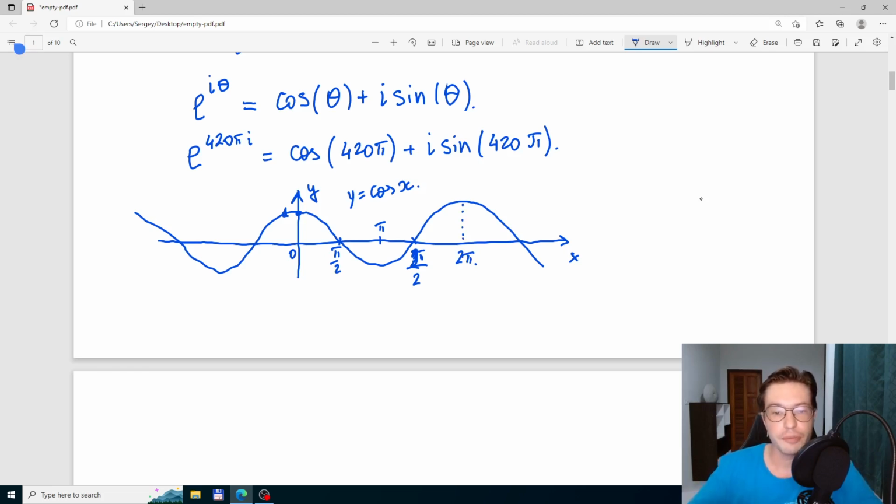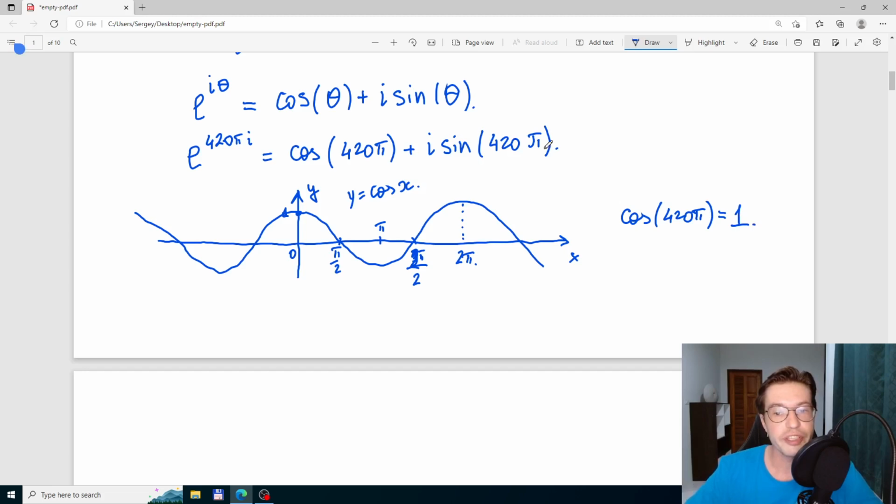Now, just by looking at this graph, we can see that every time we hit 2 pi radians, cosine equals 1. And 420 pi is a multiple of 2 pi. So cosine of 420 pi equals 1.